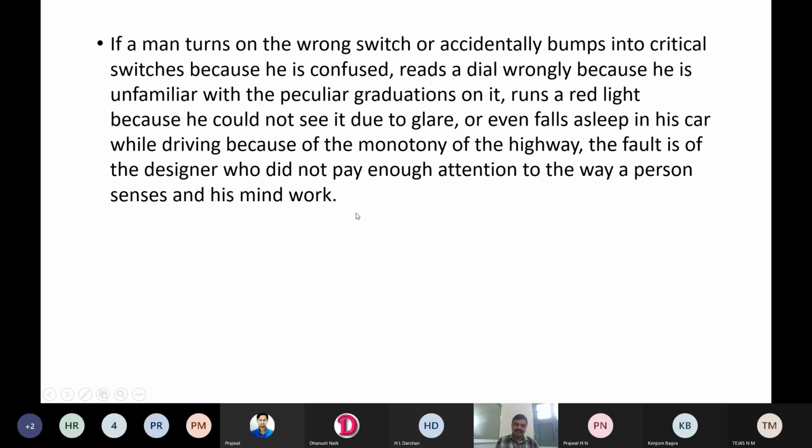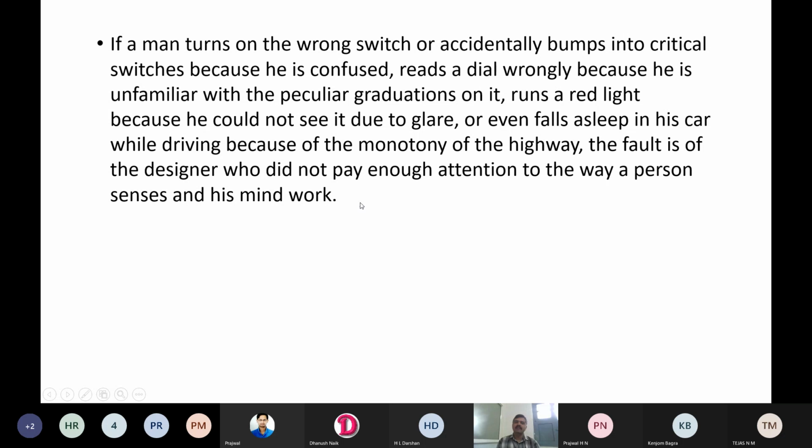So it is the duty of the designer, or the one who is manufacturing a machine or a vehicle, to ensure the safety of the operator and the user.